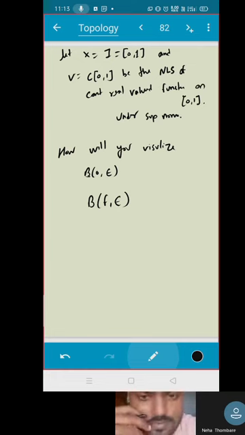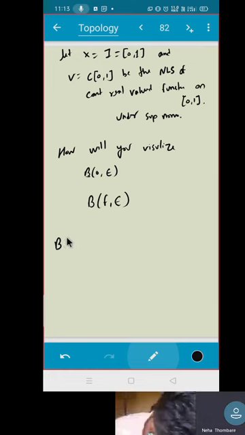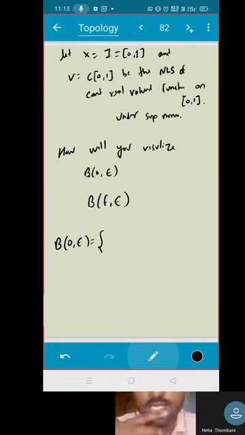B0 epsilon is equal to the set of all x such that d of x comma 0 is less than epsilon. Will it be x or will it be a function? It will be a set of functions here, because here my space is C01.